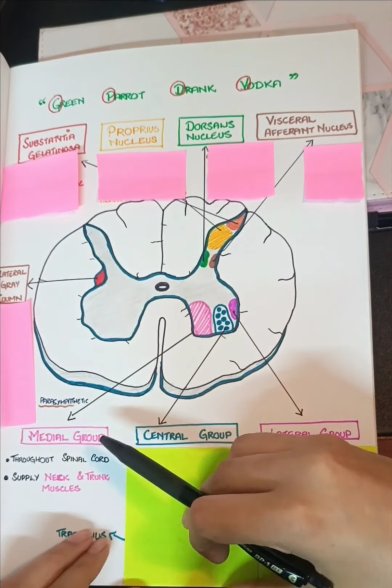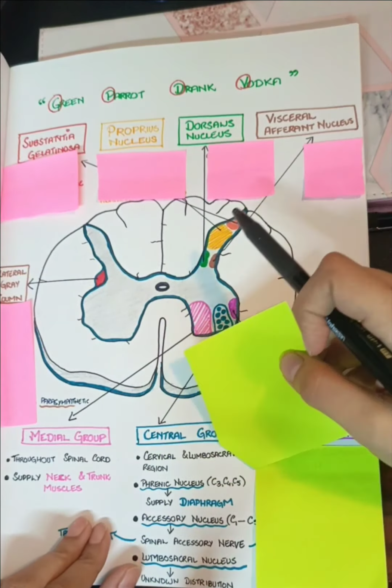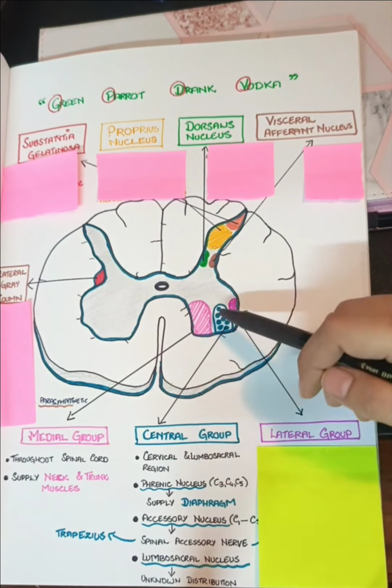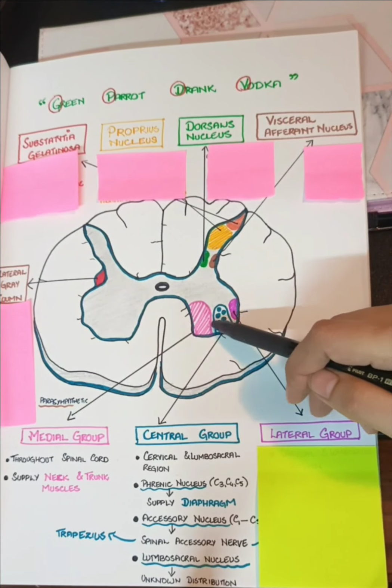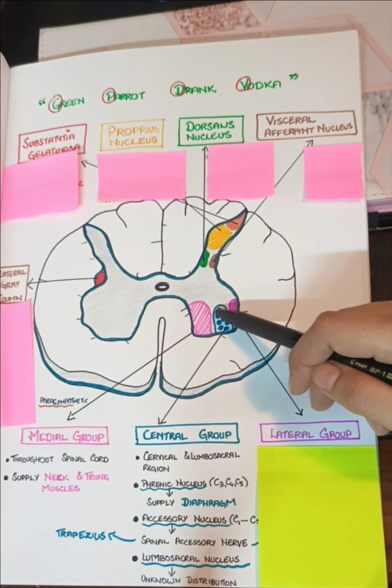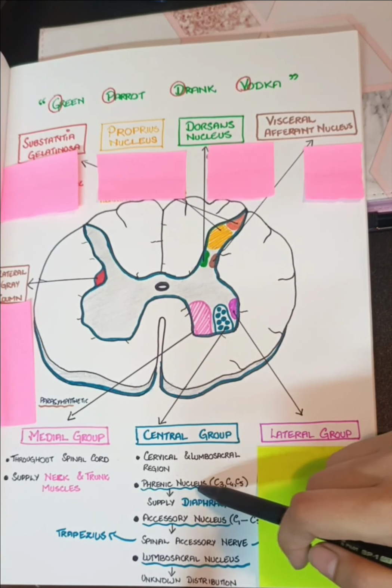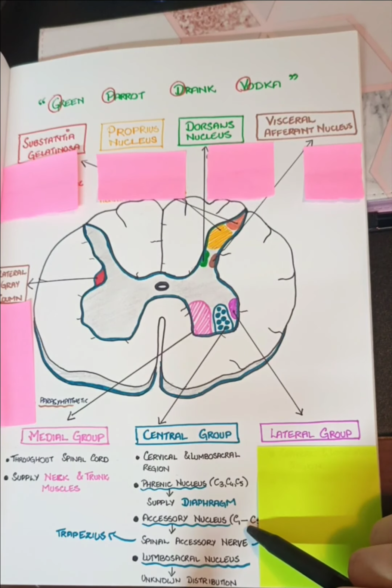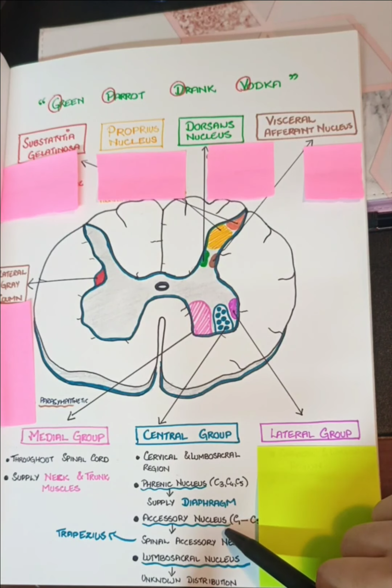The central group of neurons is present only in the cervical and the lumbosacral regions of the spinal cord. In the areas of C3, C4 and C5, the neurons form the phrenic nucleus, which is responsible for supplying the diaphragm. A similar nucleus is present at the level of C1 to C5, which is known as the accessory nucleus.